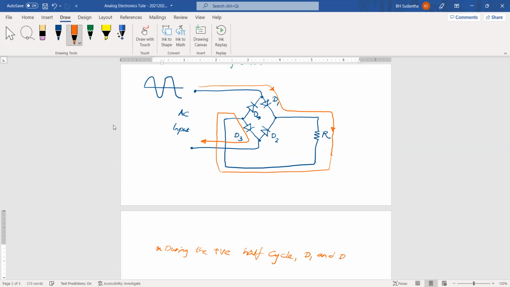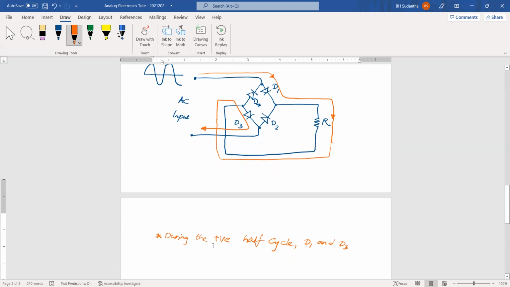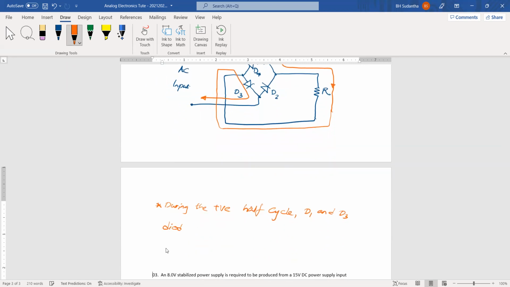D1 and D3 diodes are forward biased, and D2 and D4 are reverse biased.